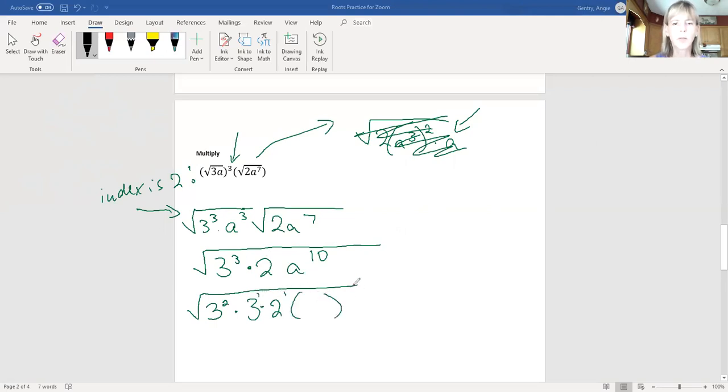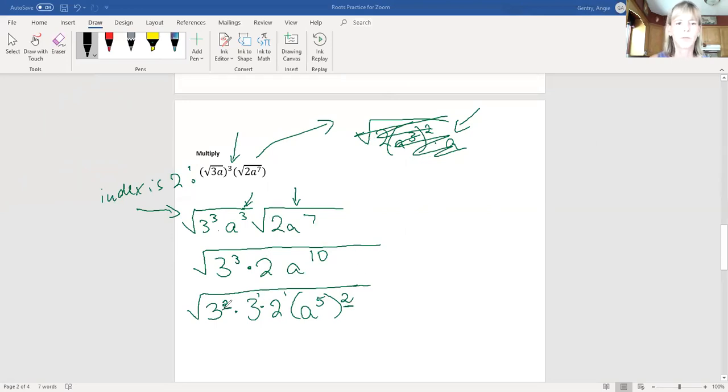And here you see how the A's, you can deal with them all at once instead of fiddling with those separately. You're much better off doing them all at once. So we need a 2. What do we have to put here? We need a 5. 5 times 2 is 10. Power to power, multiply.